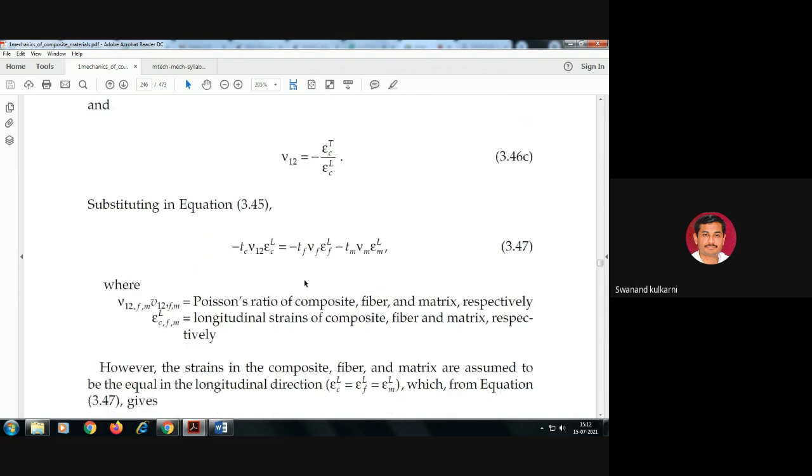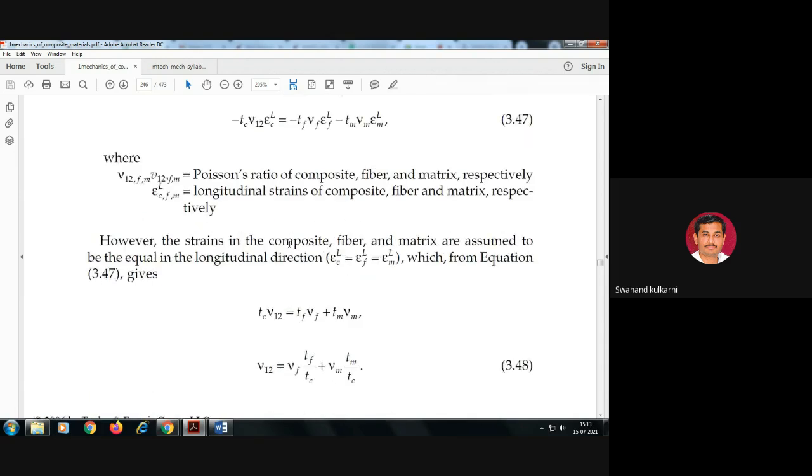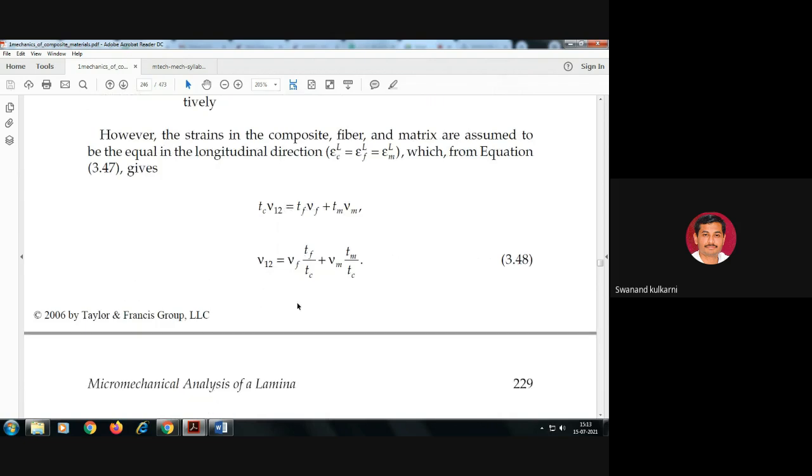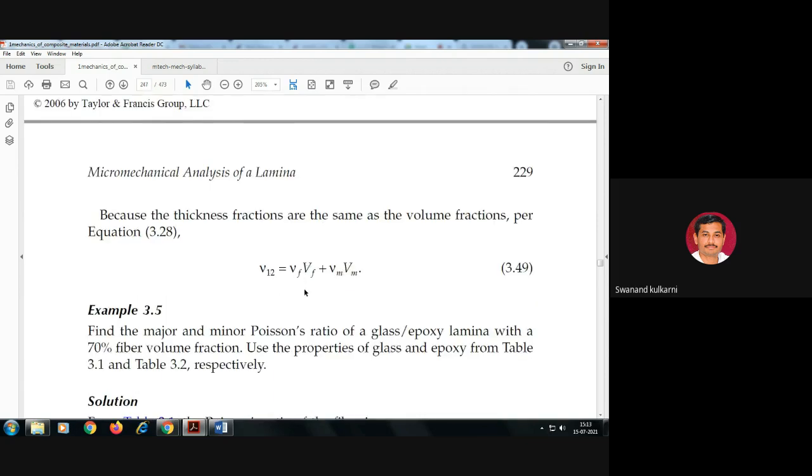So substituting all these values with reference to the designations given here, and taking this Poisson's ratio value, the Poisson's ratio is nothing but nu F VF plus nu M VM.